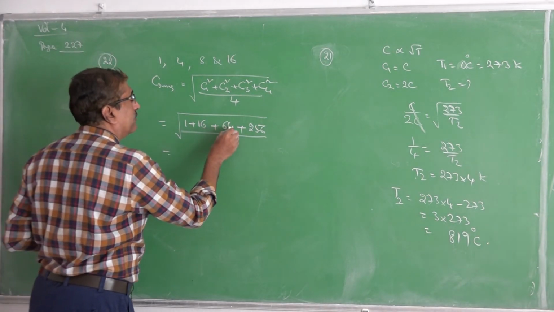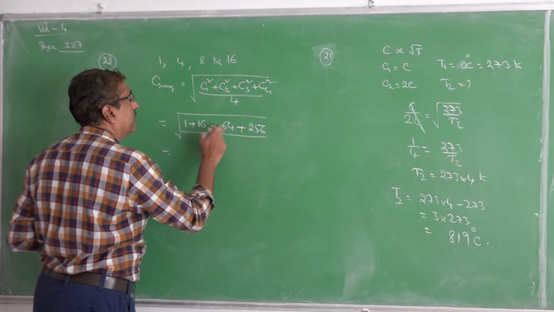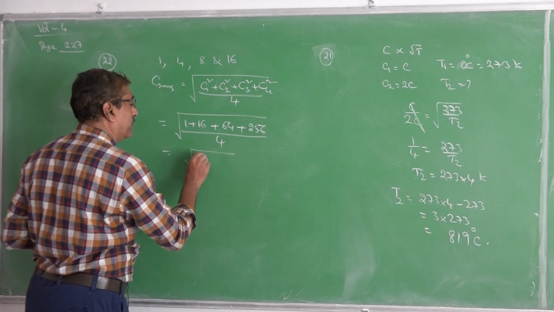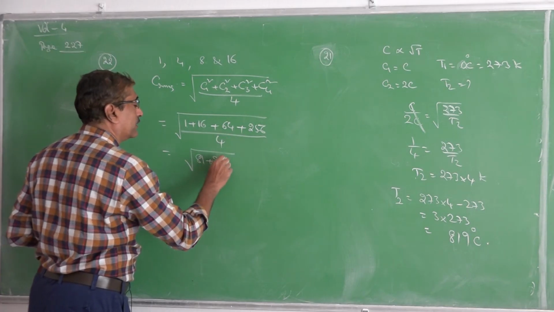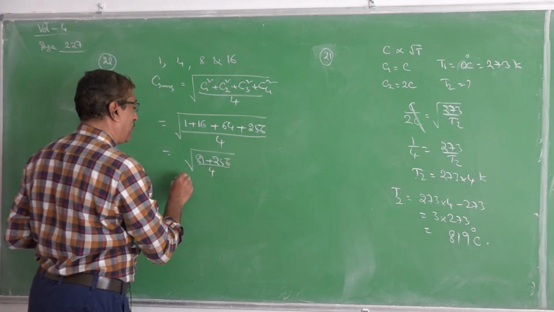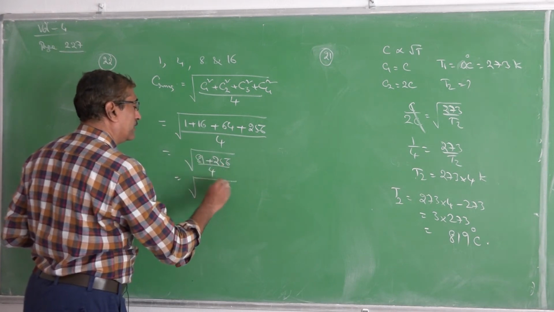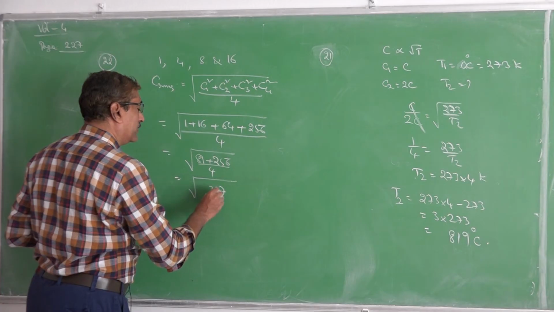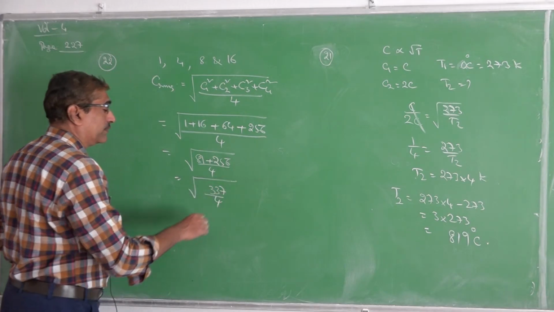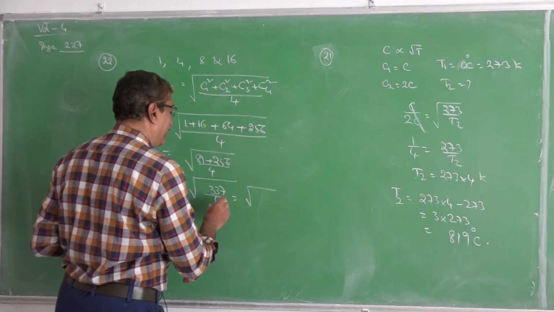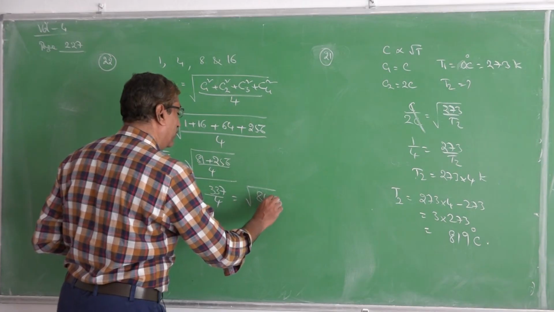That is 81 plus 256, that is 337 by 4, that is approximately 84.